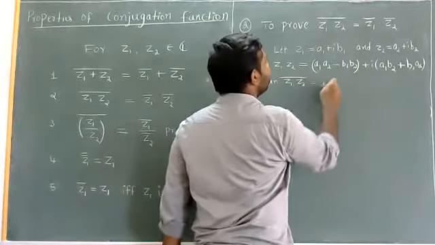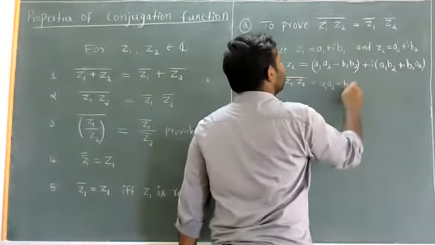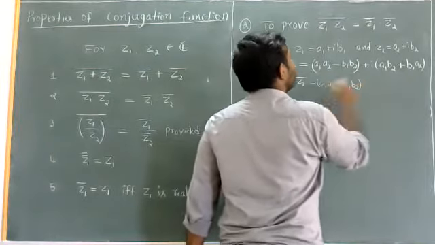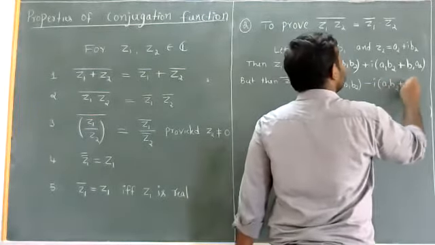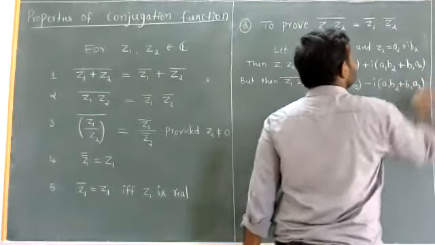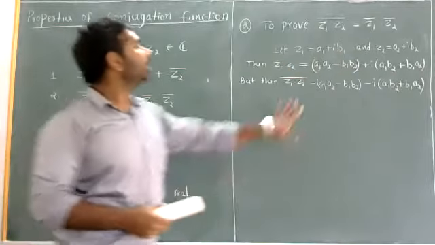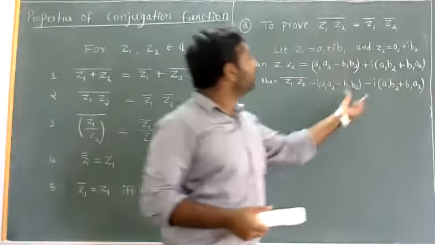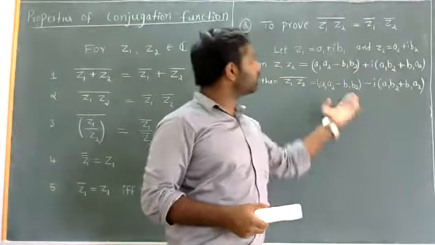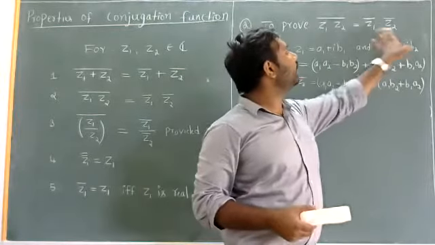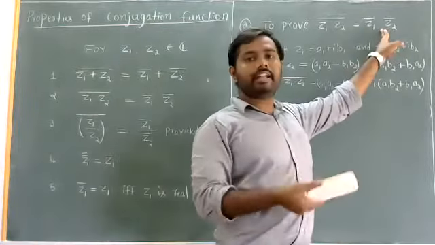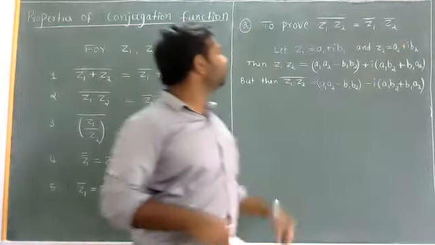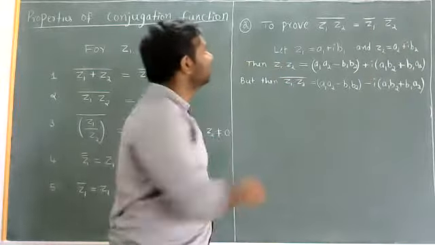So A1A2 minus B1B2 minus i into (A1B2 plus B1A2). This will be the LHS. Now we can simplify this to get the RHS, or we can separately evaluate the RHS part and show that it is equal to LHS.